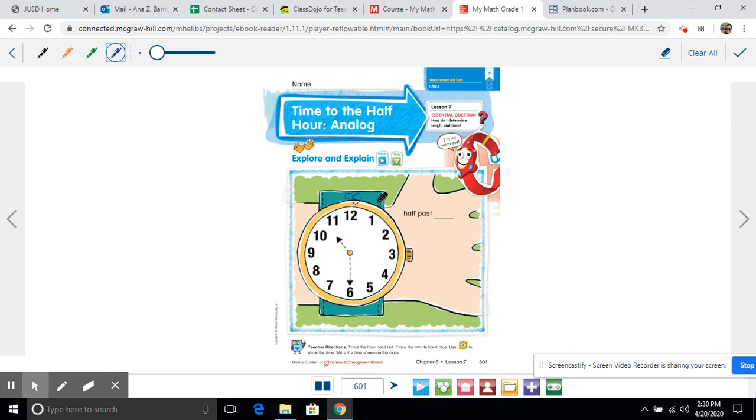Then it goes 5. Then we have 10. Then we have 15. Then we have 20. Then we have 25. Then we have 30.